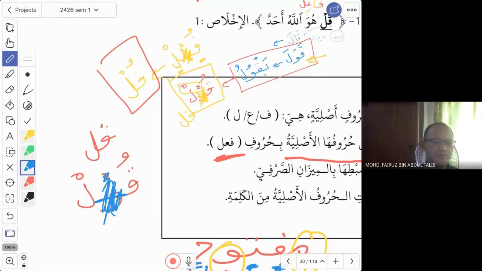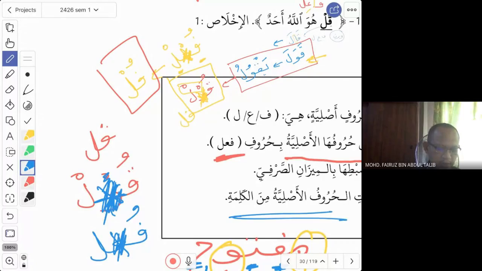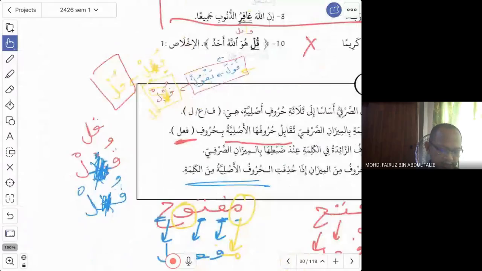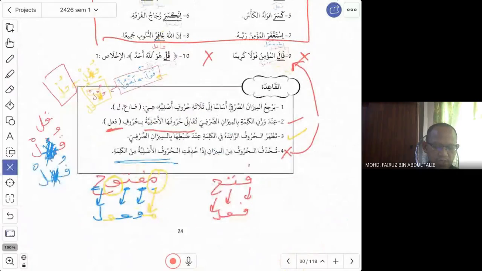Since we have removed this, what will happen to the wazan? Whatever you remove here, you will have to remove from the wazan. This is what they mean by the last point. So the wazan is now ful, only 2 letters. It is not a 3 letter wazan anymore. As I said earlier, you can just ignore this point. We just focus on 1 until number 3. If you know how to form a wazan, that's done. That's it.